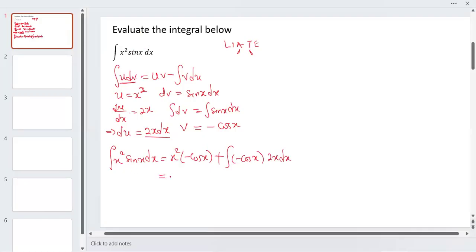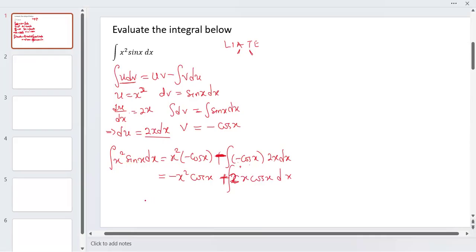So this gives me minus x squared cos x. Sorry, the sign in front of the integral should be minus, so minus times minus gives us a plus. Cos x times 2x will give me 2x cos x dx. Don't forget the integral sign. So integral of 2x cos x dx.